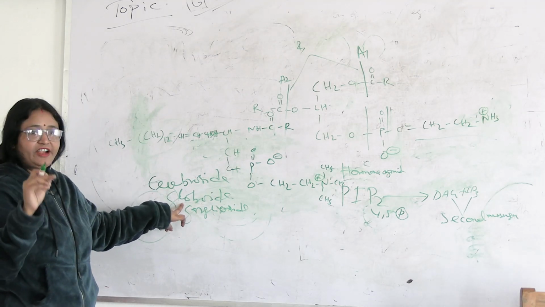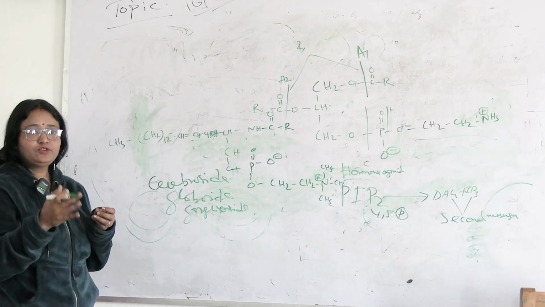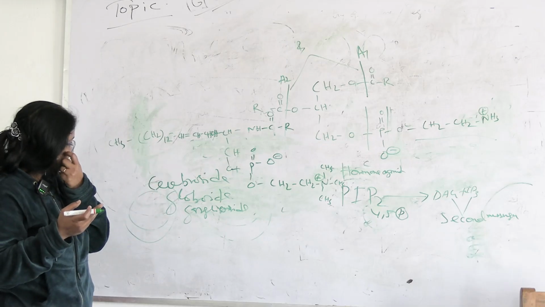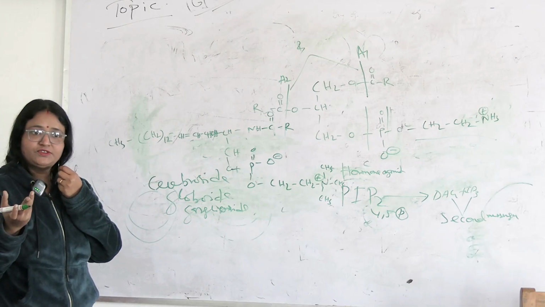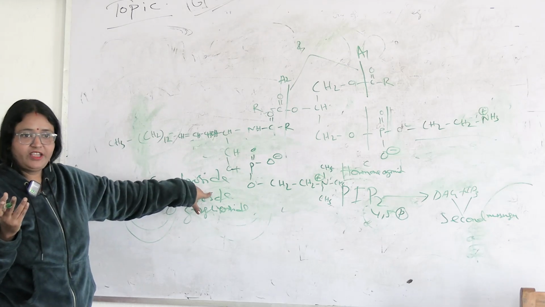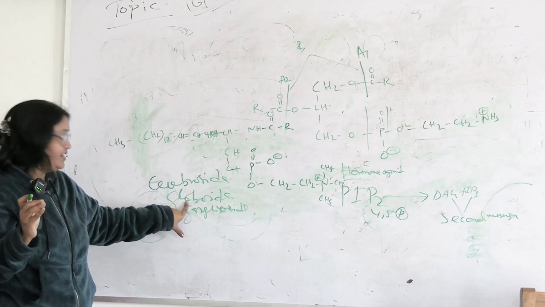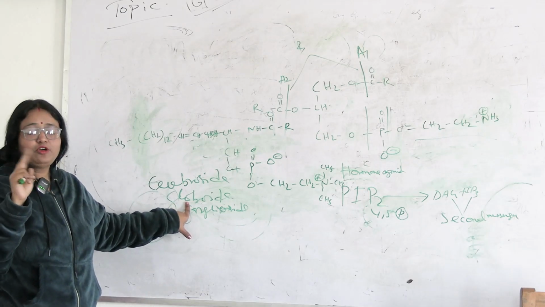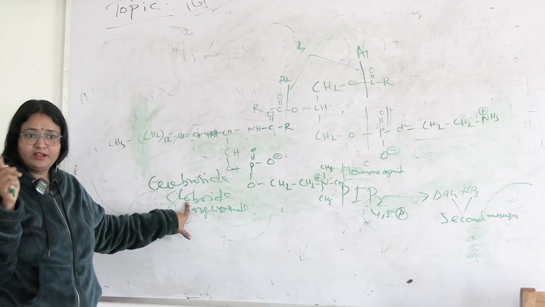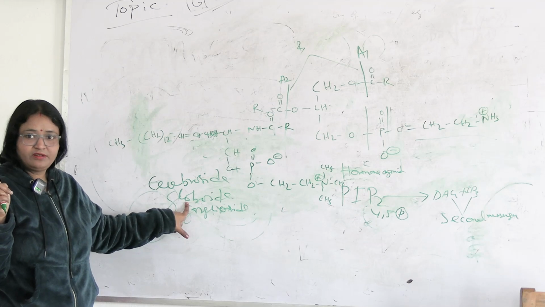In globoside there will be more than one, hexose or hexosamine, an oligosaccharide. Like lactosyl ceramide, glucose plus galactose, present in erythrocyte membrane.